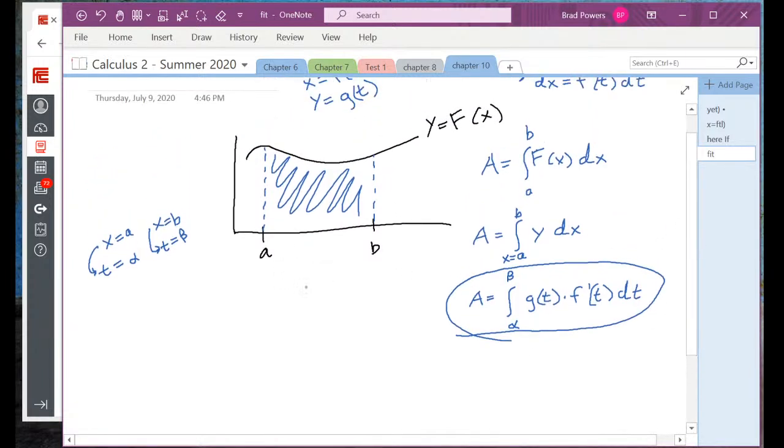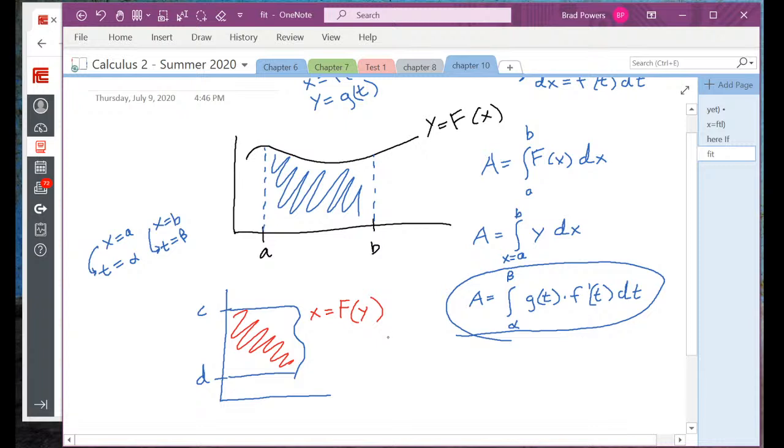And now if you had an area under a curve, but you had a curve like this, and you're going from c to d, you know, right in here, and we wanted this area. And maybe we'd say x is a function of y.